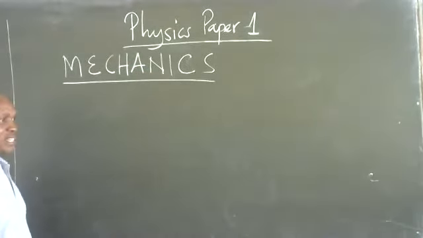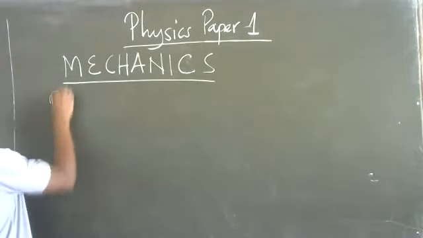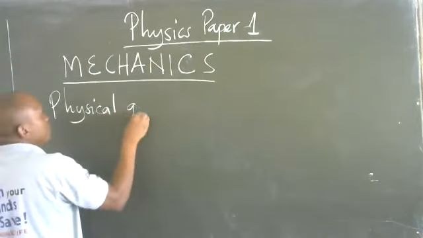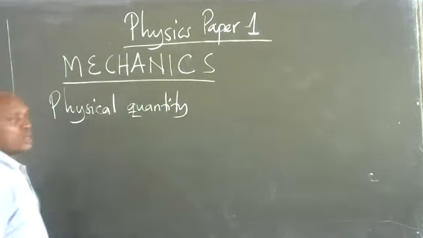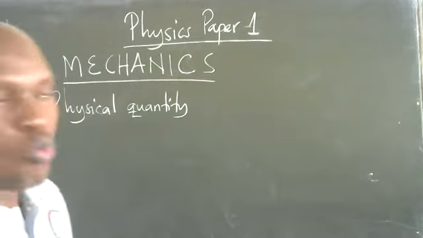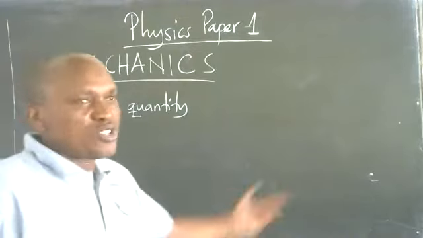Let us now look at things that we want to define. Do you know a physical quantity? Do you know what we mean by the term physical quantity in general in science, not necessarily in physics? What is a physical quantity?